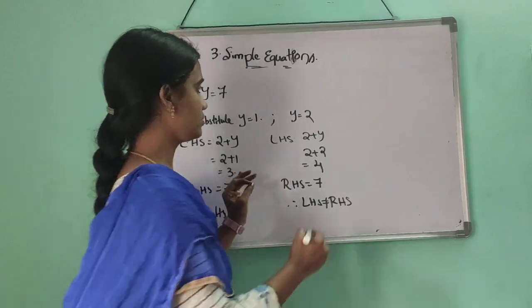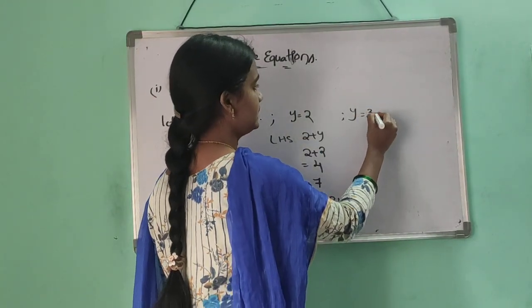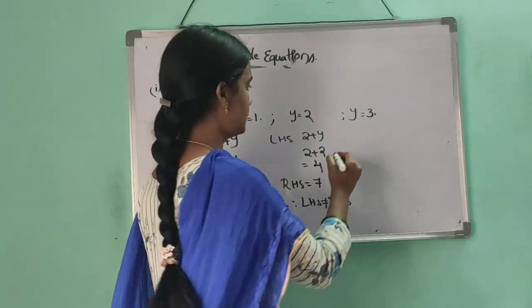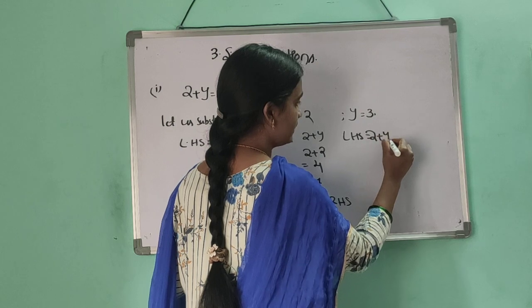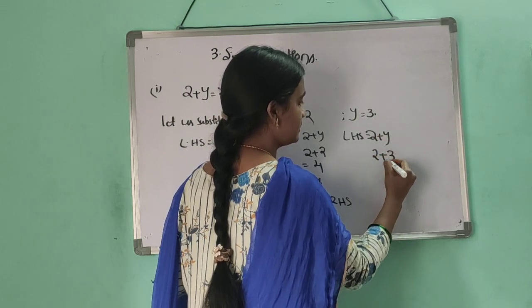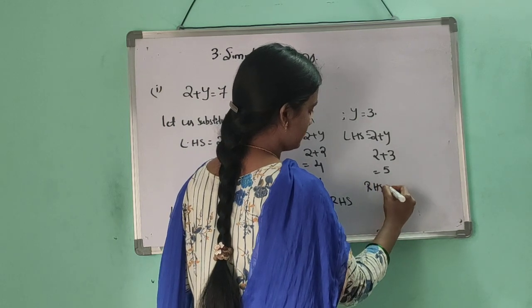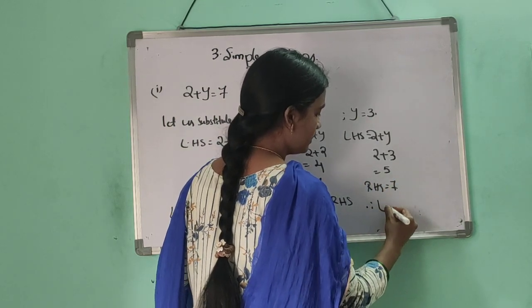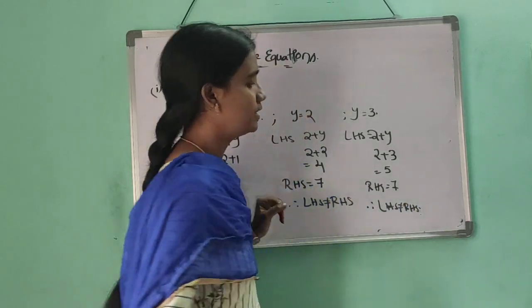Now we substitute y equal to 3. LHS equal to 2 plus y, 2 plus 3 equal to 5. RHS value is 7. Here also LHS is not equal to RHS.